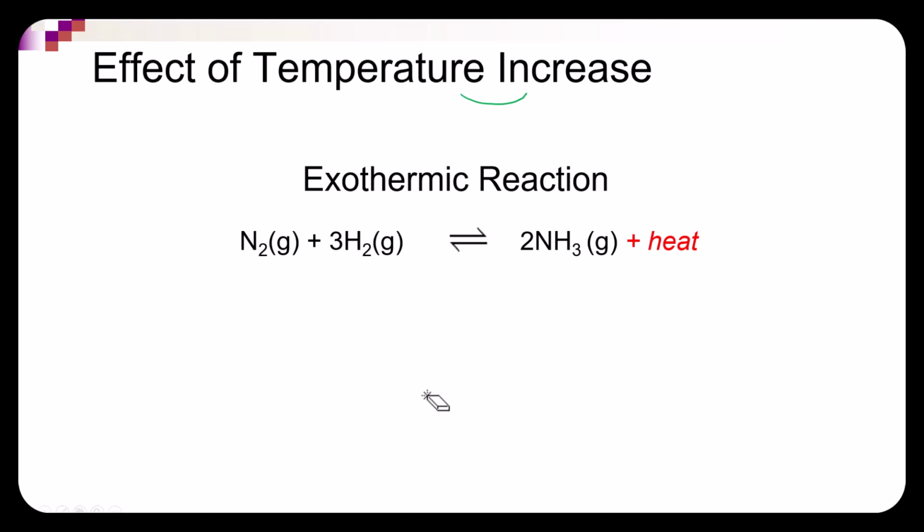So we've got our balance. We're at equilibrium, and in this case, we're increasing the temperature. So increasing the temperature would be like adding a product. If I add heat, I'm adding more to the product side, and the products are going to get stressed out.